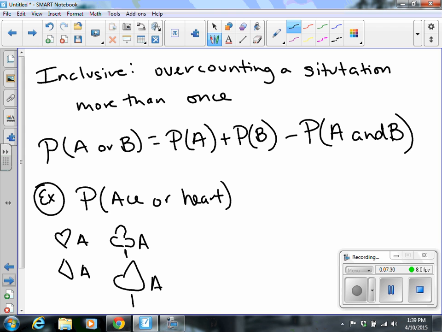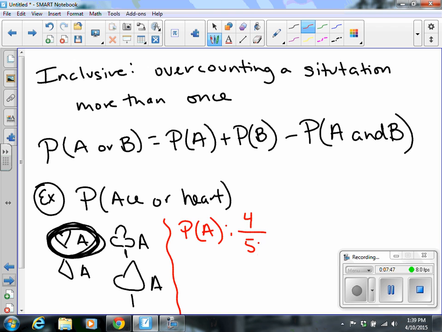But for the hearts, I could have one through an ace. So this ace of hearts, that's counted twice. That's what I'm talking about. So I'm going to calculate the probability of an ace. That's 4 over 52. The probability of a heart is 13 over 52.